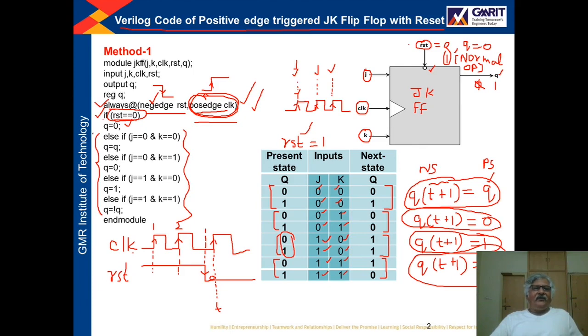So RST is 0, so 0 is assigned to Q. So at this particular time, the conditions of J and K values will not be tested, right? Because RST is 0. The first statement is RST is 0, so immediately 0 will be assigned to Q. So in this way, this code will work.